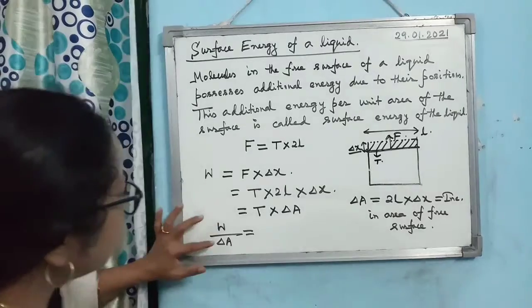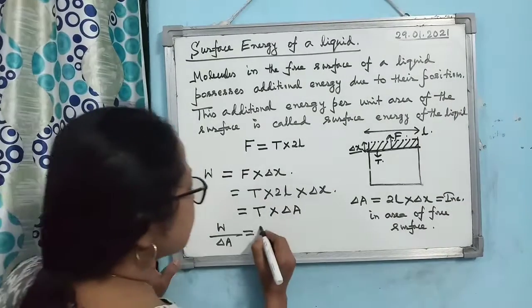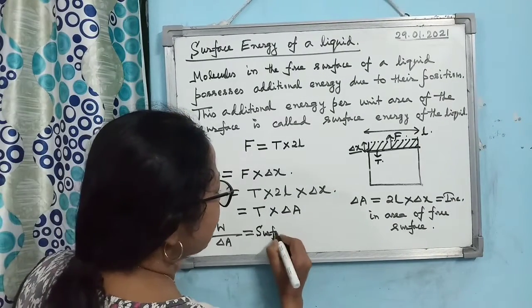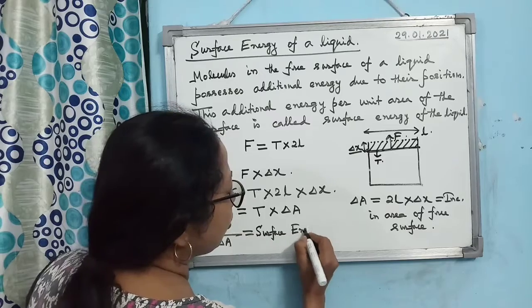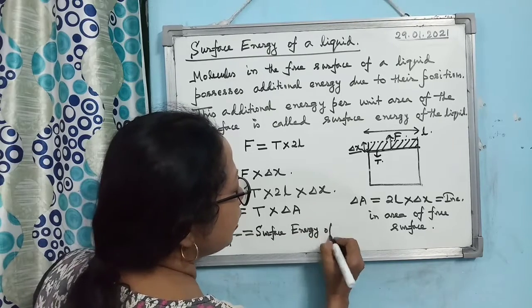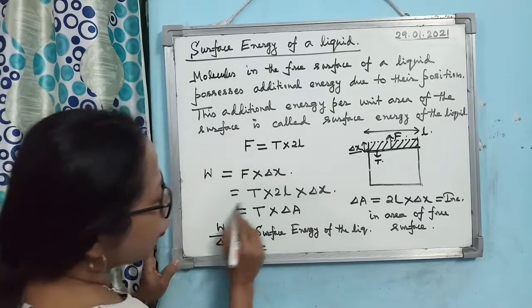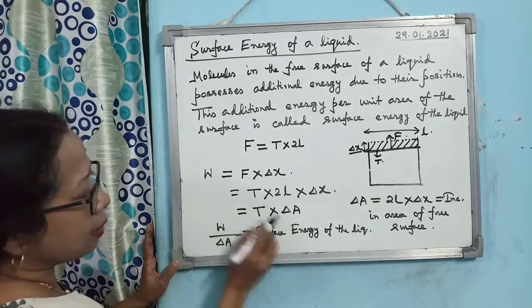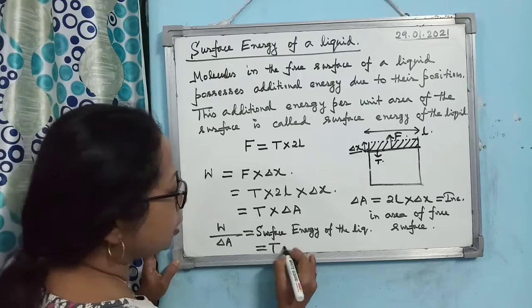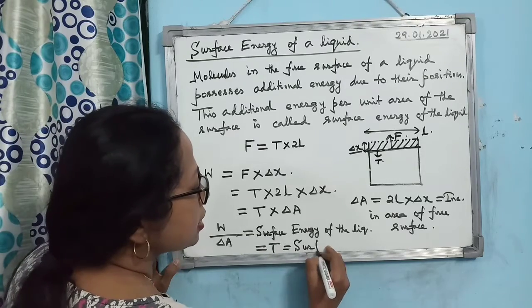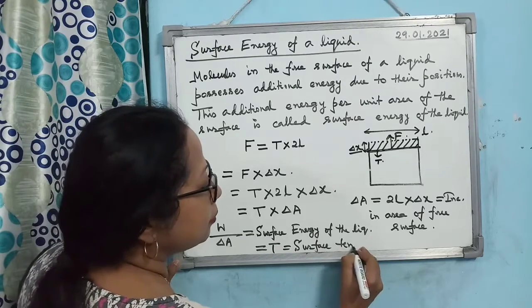So this work done per unit area is nothing but surface energy of the liquid, and from this relation what you are getting, W by delta A is equal to T, means equal to surface tension.